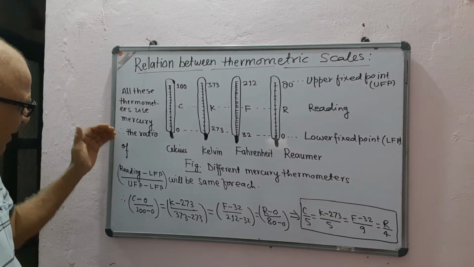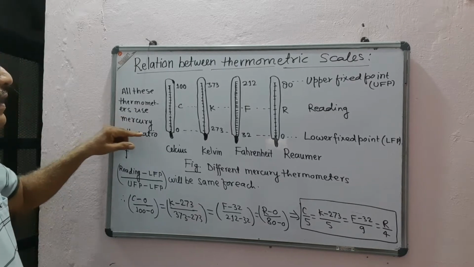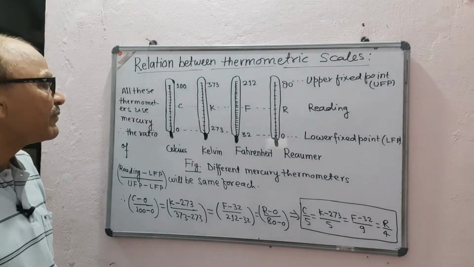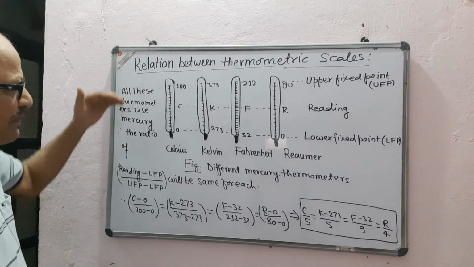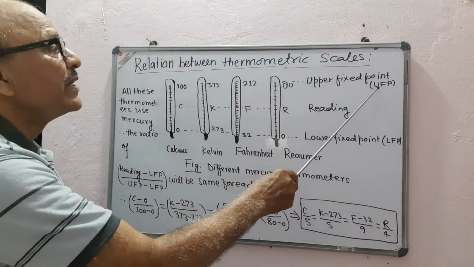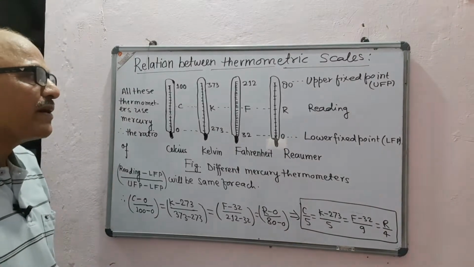Now the lower fixed point in each case is the freezing point of water, and the upper fixed point, denoted by UFP, in each case is the boiling point of water.